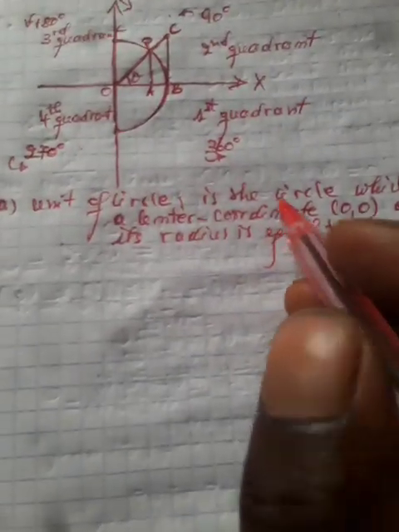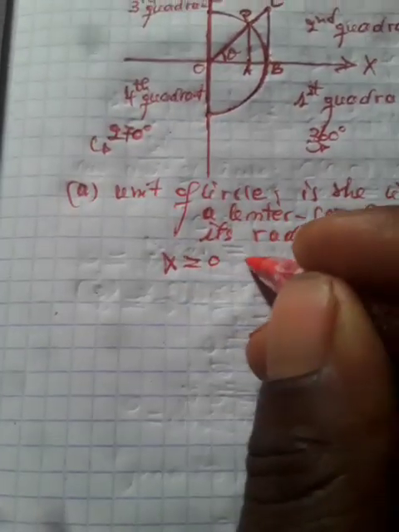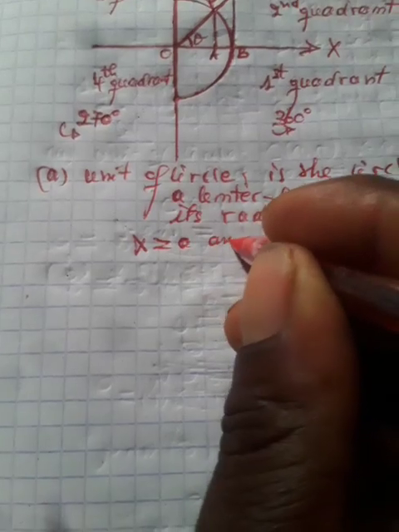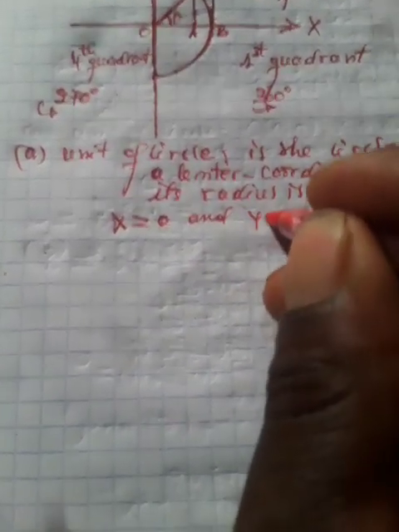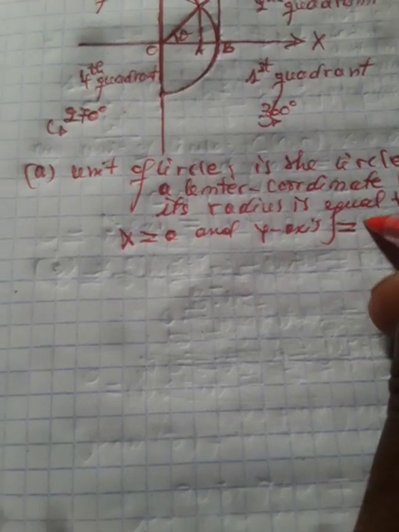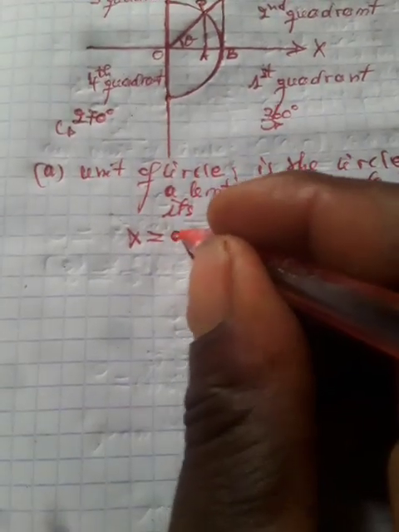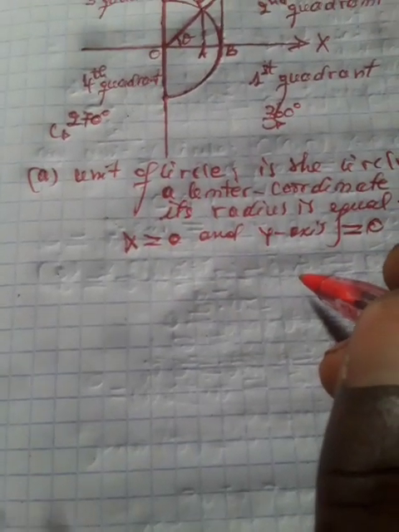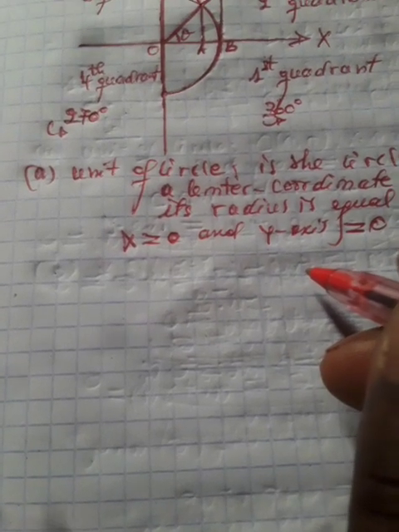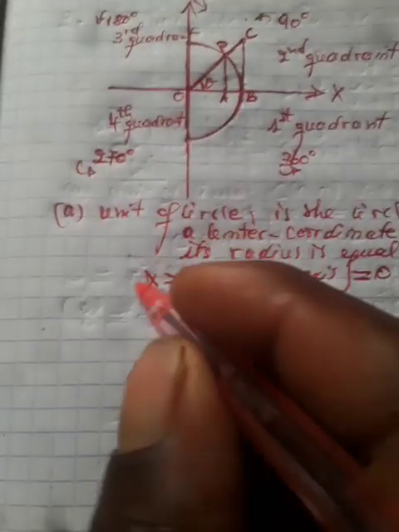Unit circle with the center here. With the center here, x is equal to 0 and y is equal to 0.